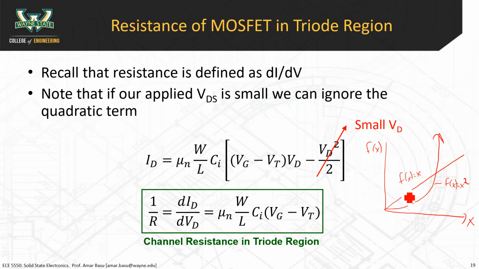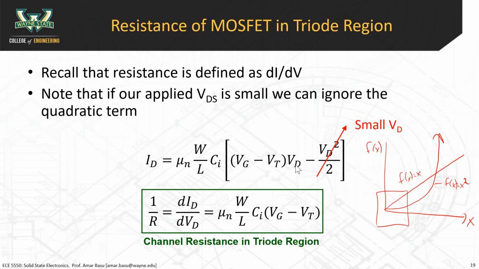So we're talking about right here, where the quadratic term has become negligible compared to the linear term. So that's why you can ignore the quadratic term at low values of VDS. When that happens, then the triode equation becomes just a linear equation. I is equal to some constant times V. So it behaves very much like a resistor.